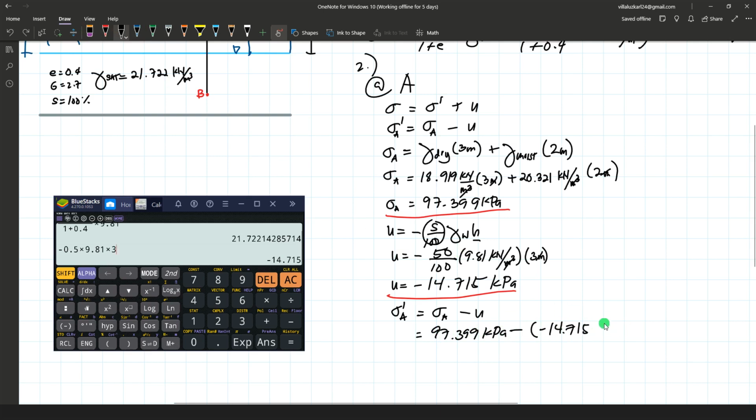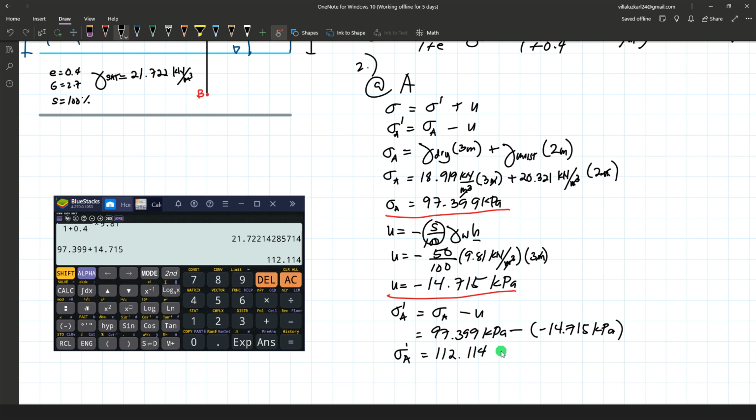The negative will become positive, so instead of subtracting the two values, we will just add 14.715.